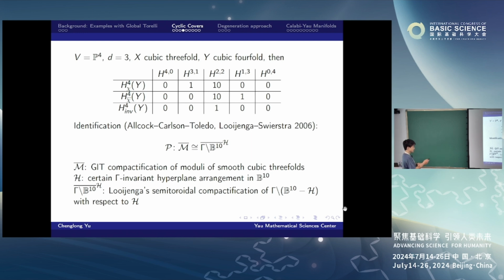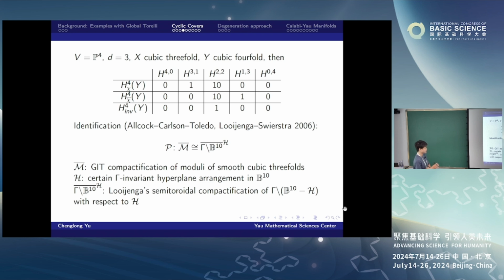The right-hand side, I will call it Looijenga's compactification of ball quotients. So it's a ball quotient associated to some hyperplane arrangements. Especially when this H is empty, the semi-toroidal compactification is just the Baily-Borel compactification. And the Baily-Borel compactification has a very nice interpretation in terms of modular forms.